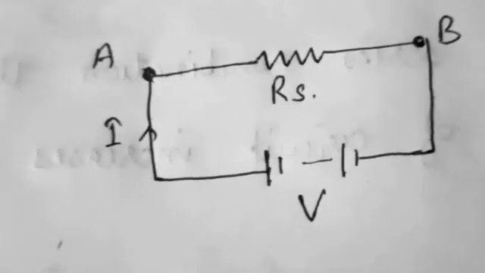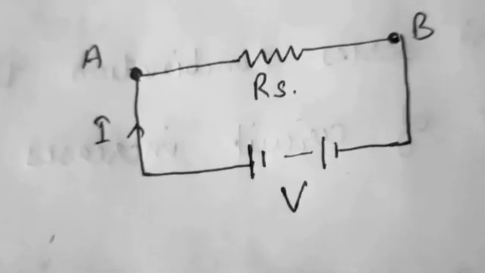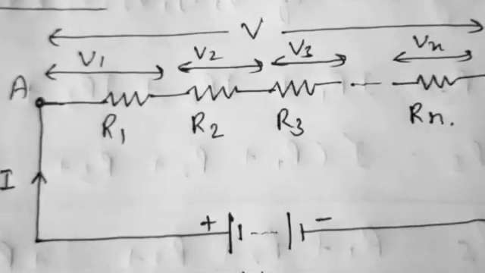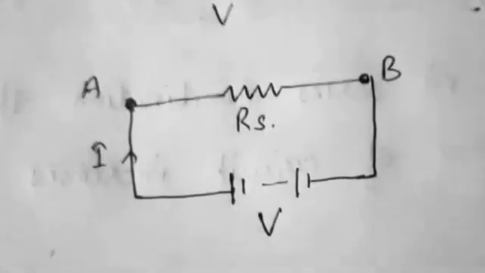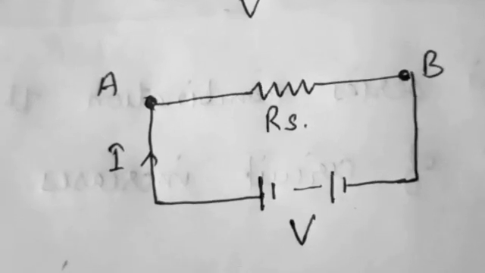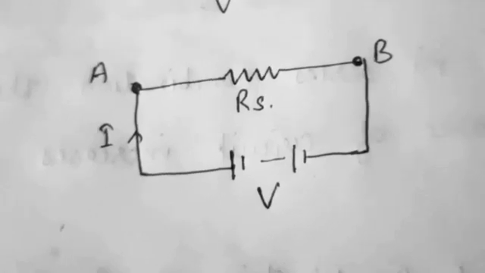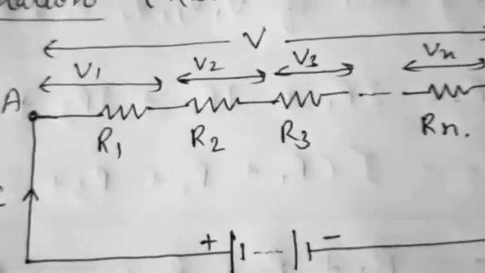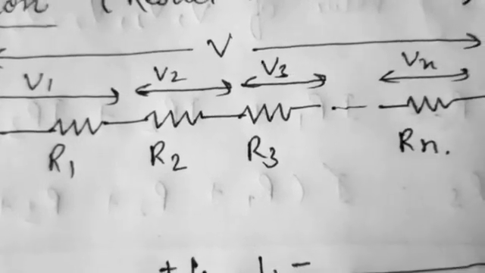If we know RS, we can get the exact current flowing through all the resistances, because we don't know V1, V2, V3 and Vn until we know the current. By making one single resistance we can know the actual current flowing through the circuit. So V is equal to IRS, and once we have I, we can determine the individual voltage drop across each resistance.